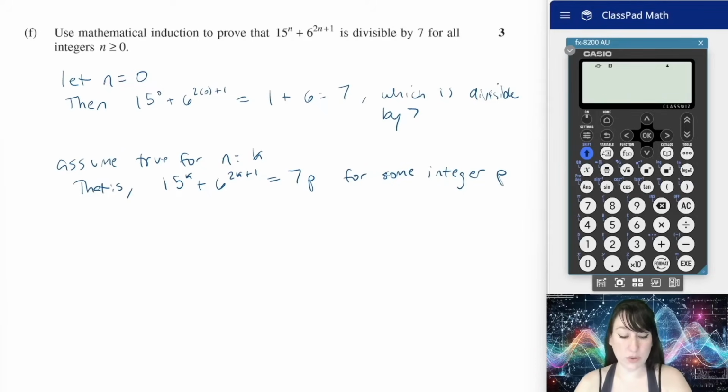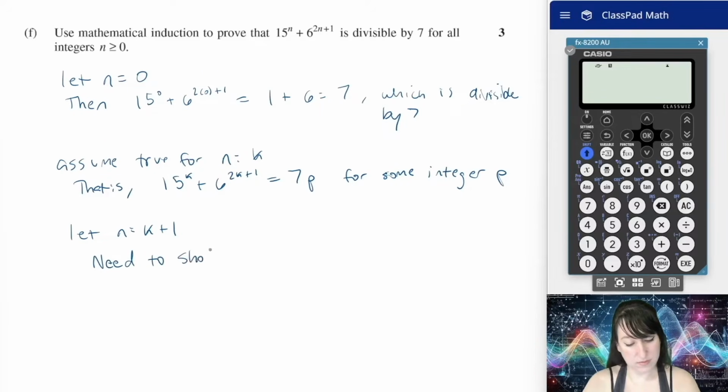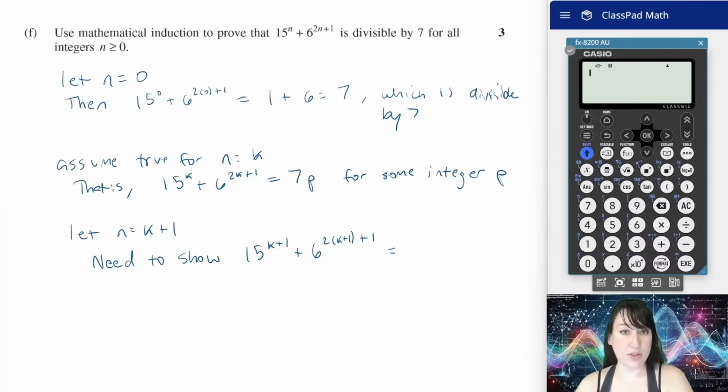Now let's see if it's true for n equals k plus 1. So at n equals k plus 1, we'd have 15 to the k plus 1, plus 6 to the 2 times k plus 1, plus 1. And we want to show that that's equal to some integer times 7. Maybe we'll use q.